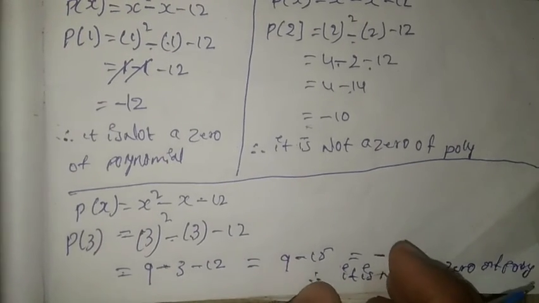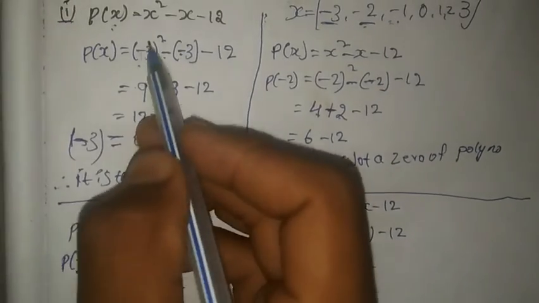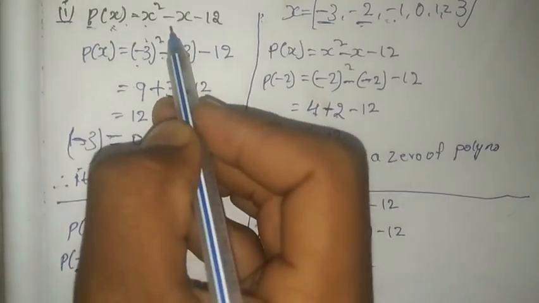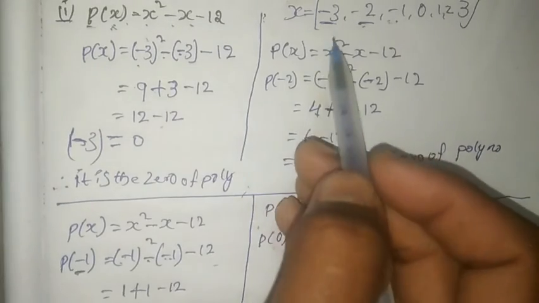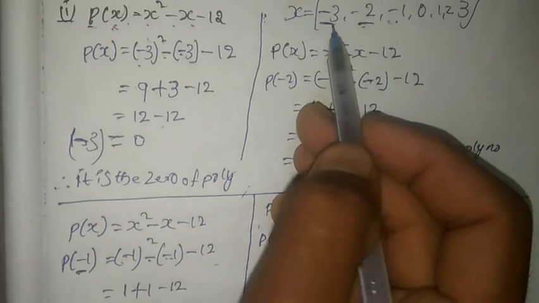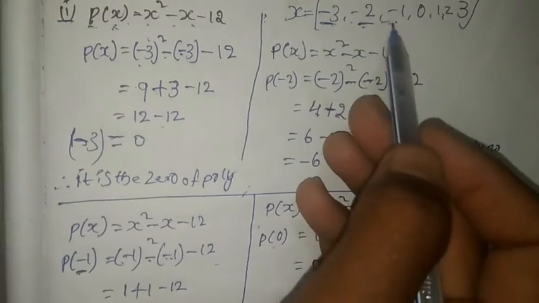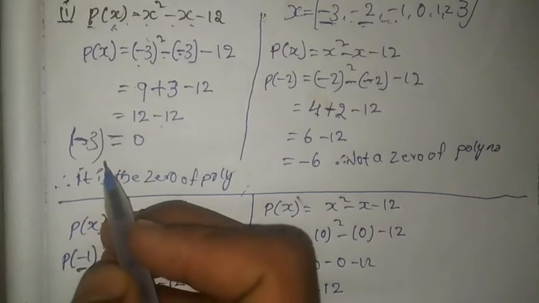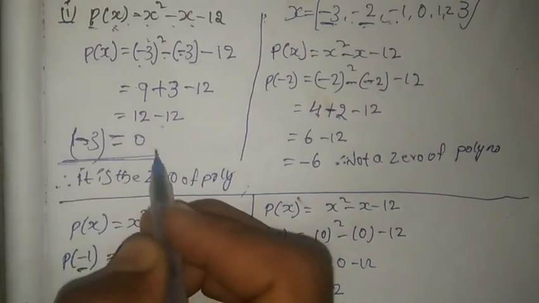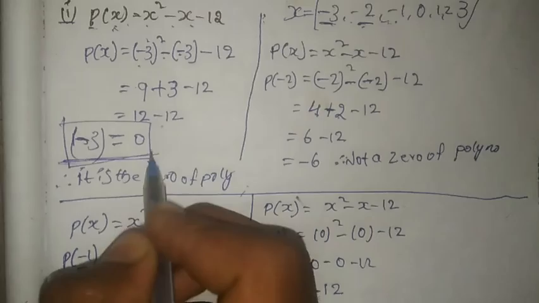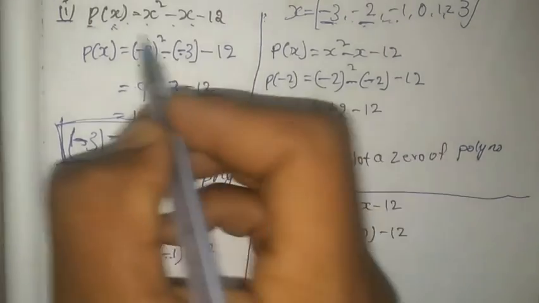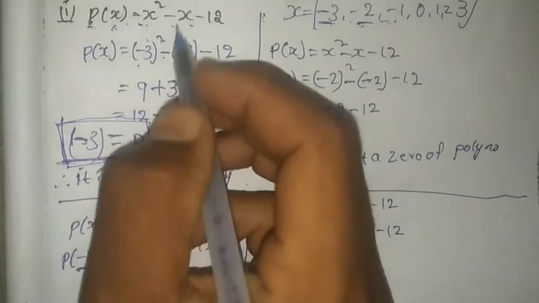Now when we see all these problems, first we took the polynomial p of x is equal to x square minus x minus 12. When we apply x equal to minus 3, minus 2, minus 1, 0, 1, 2, 3, we get p of minus 3 equal to 0. So minus 3 is the zero. When you substitute minus 3 in this polynomial, the answer is 0.